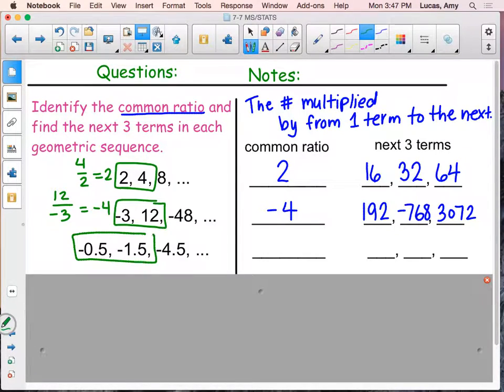So dividing negative 1.5 by negative 0.5 gives you the common ratio of 3. Positive 3. A negative divided by a negative is a positive. So negative 4.5 times 3 is negative 13.5. Multiply by 3 again, negative 40.5. And multiply by 3 again, negative 121.5.